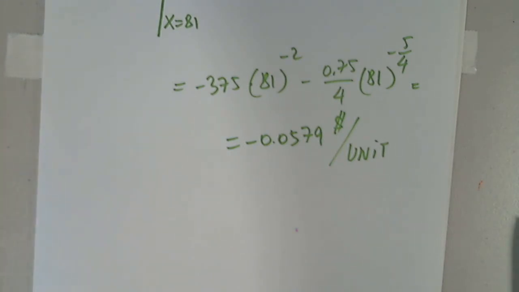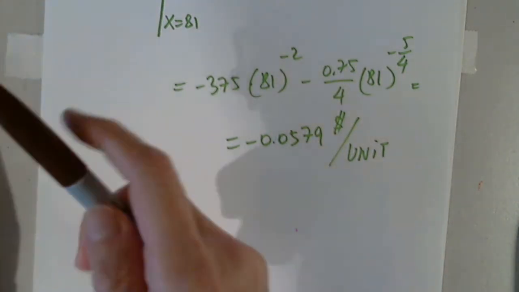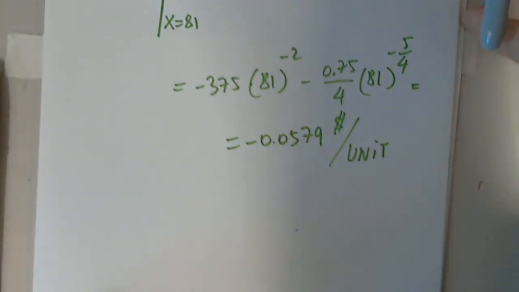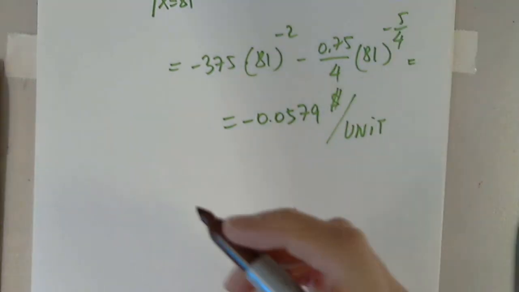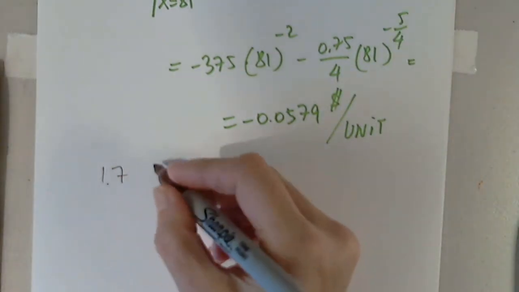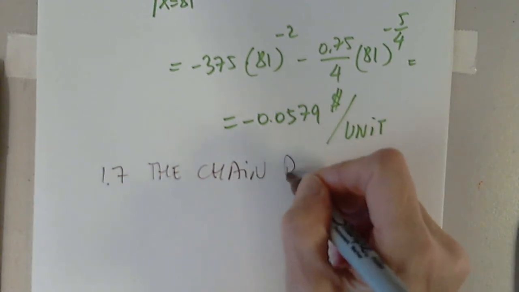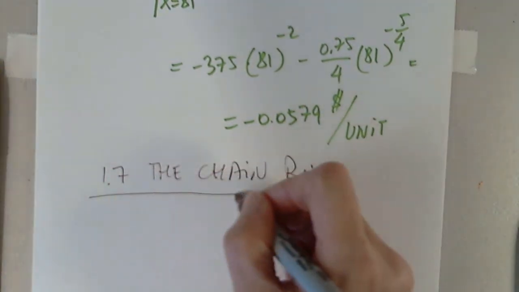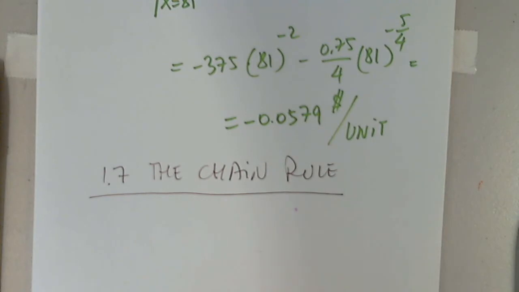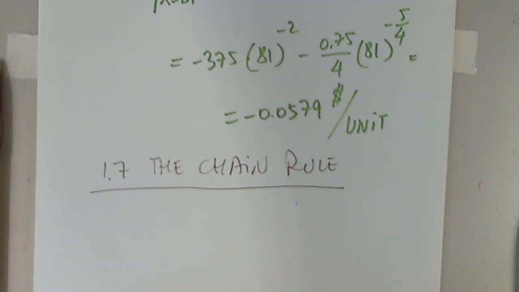That being said, I am going to start, I do have other colors too. I'm going to continue with 1.7, the chain rule. I thought that these were better, but I don't think they are. Okay.